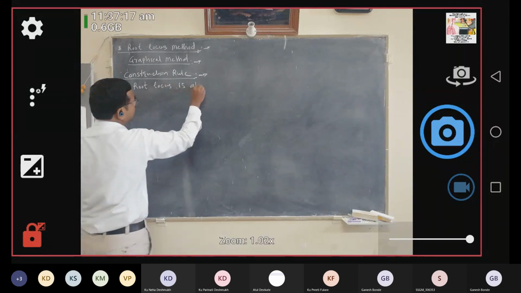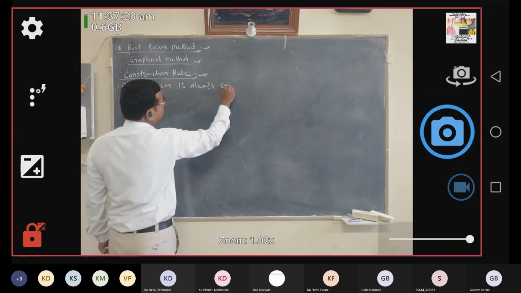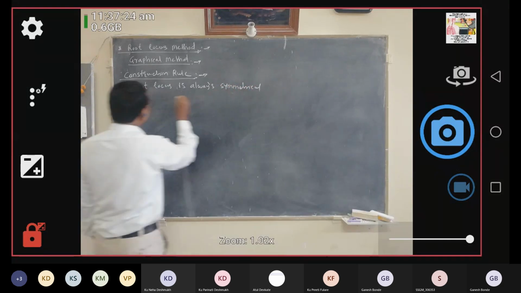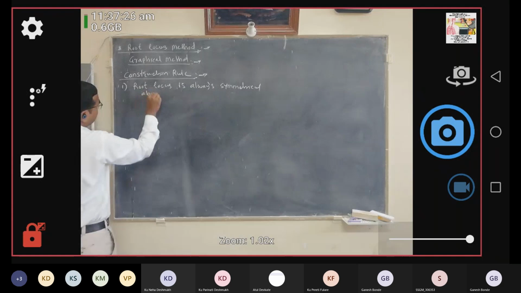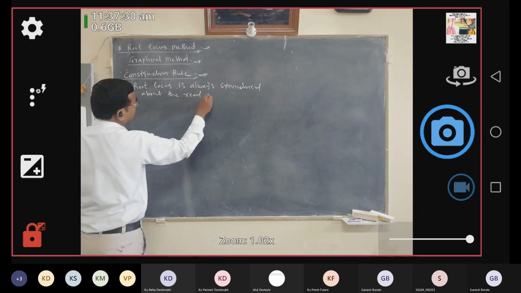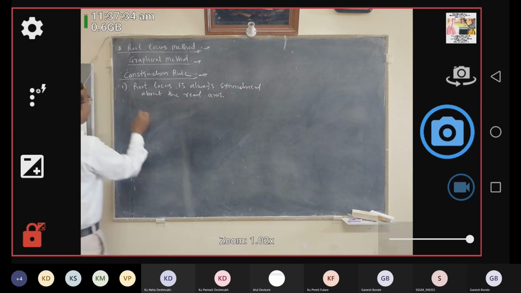symmetrical about the real axis. Why is it symmetrical about the real axis?